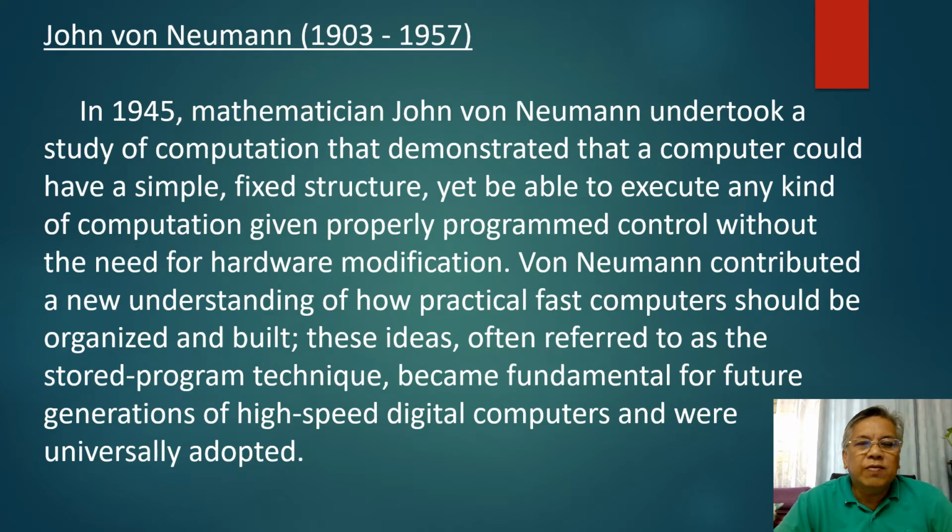So what is von Neumann architecture? In 1945, a mathematician named John von Neumann undertook a study of computation that demonstrated that a computer could have a simple fixed structure yet be able to execute any kind of computation given properly programmed control without the need for hardware modification.